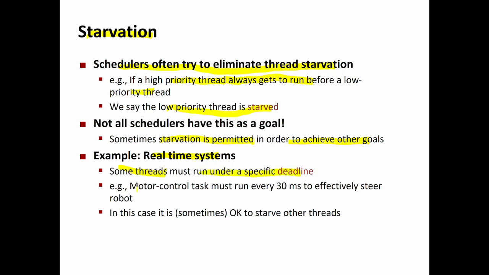For example, you have a motor control task, and you have to send commands to the motor every 30 milliseconds to effectively steer it. And this is a must no matter what, because you have this robot moving and you have to send the command. In this case, it may be okay to starve other threads, such that we can achieve this.